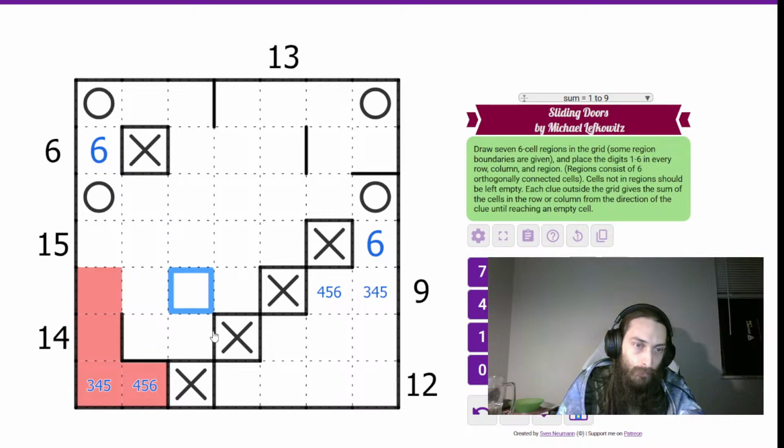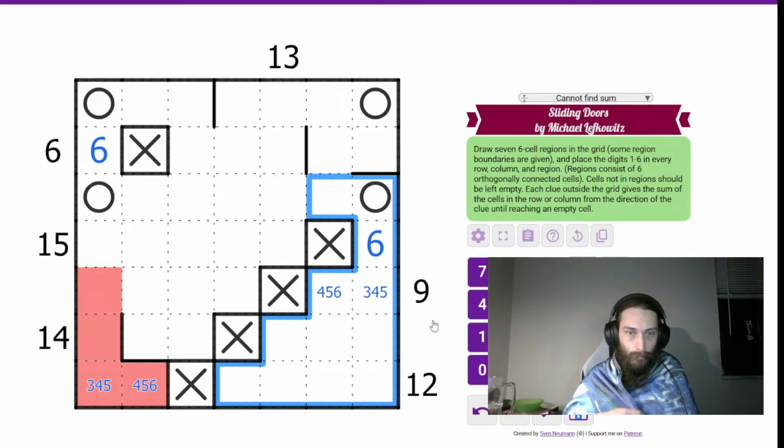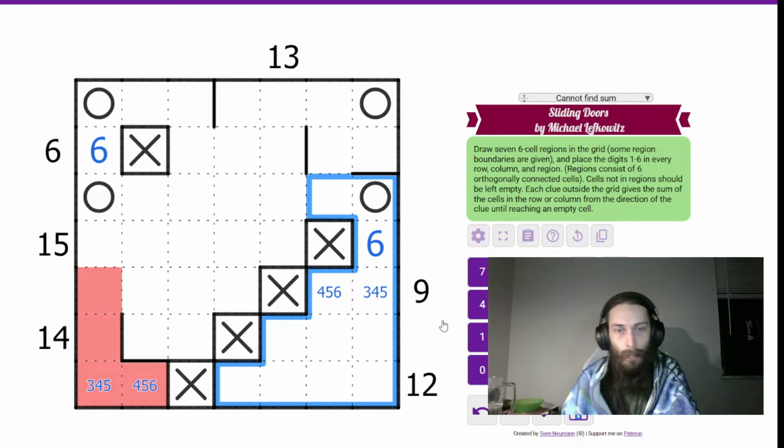Well, and if you look to the right of all those X's, all those empty cells, going up to the 6, there's 10. And we need a total of 12. 10, 11, 12. Make 2 regions. So there's 2 regions.